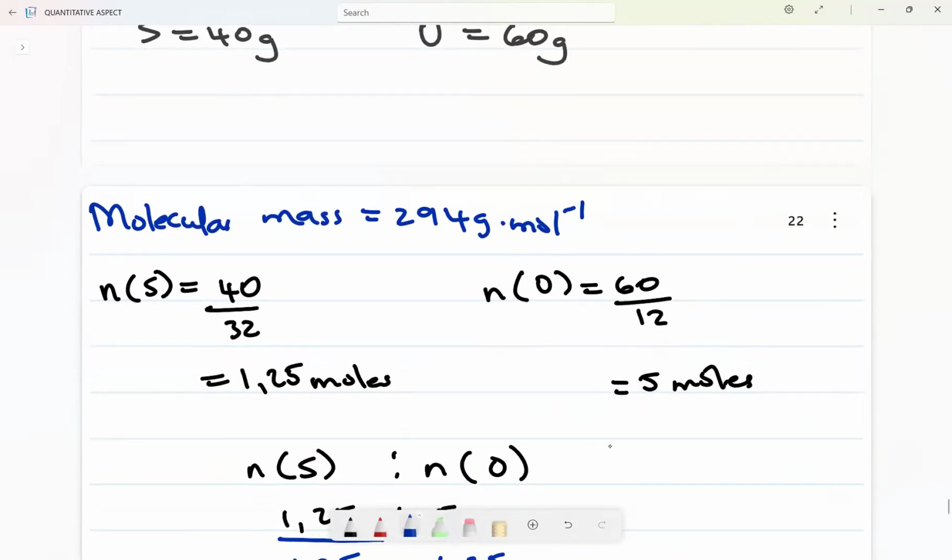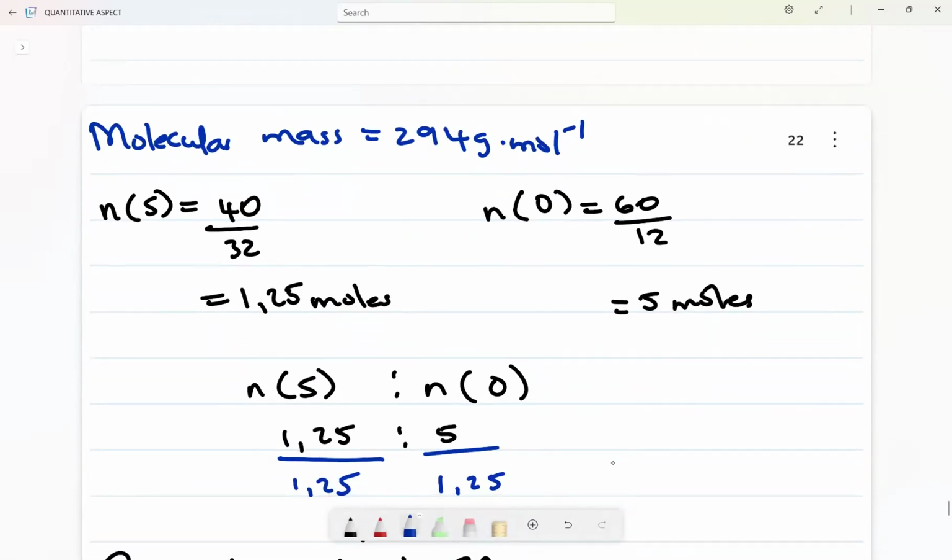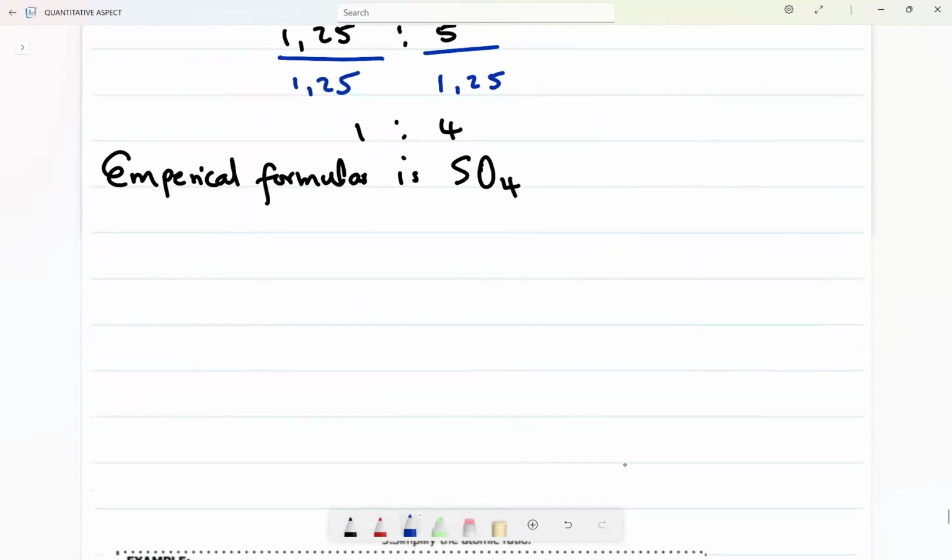Molecular mass is actually 294 grams per mole. And when they say calculate the molecular formula, what you need is the ratio between the empirical formula as well as the molecular formula. So you're gonna say, let me find the molar mass of my empirical formula, which is SO4.